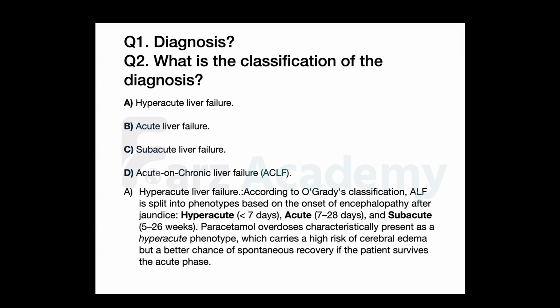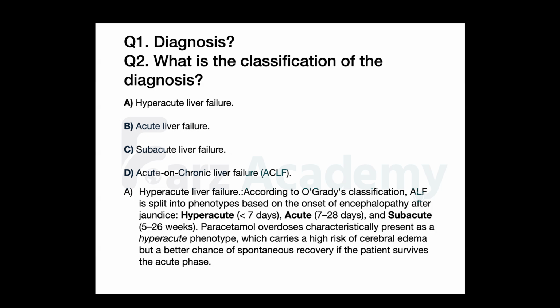Now, why is it also important? Because there are a few things which get classified by how they present if they deteriorate in that period of time. For example, paracetamol poisoning would usually come as hyperacute. So if you have an unknown patient and you don't know what has happened, whether it's ischemic or viral hepatitis, what are the other differential diagnoses?